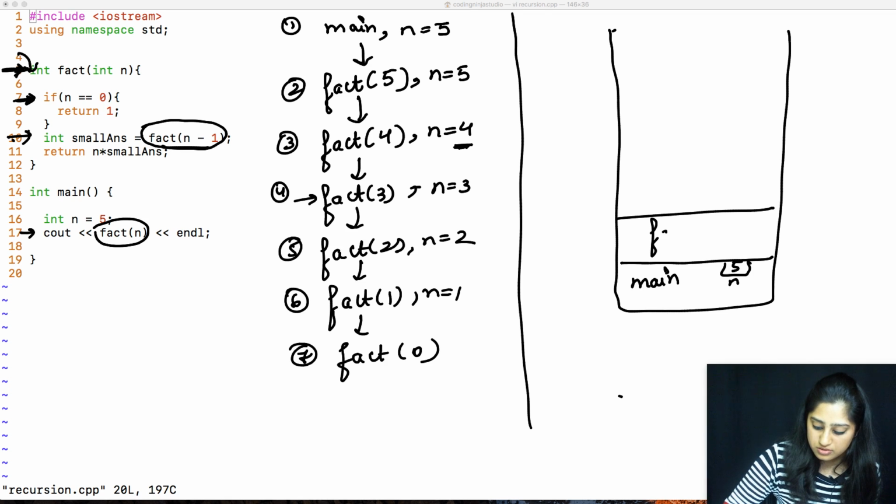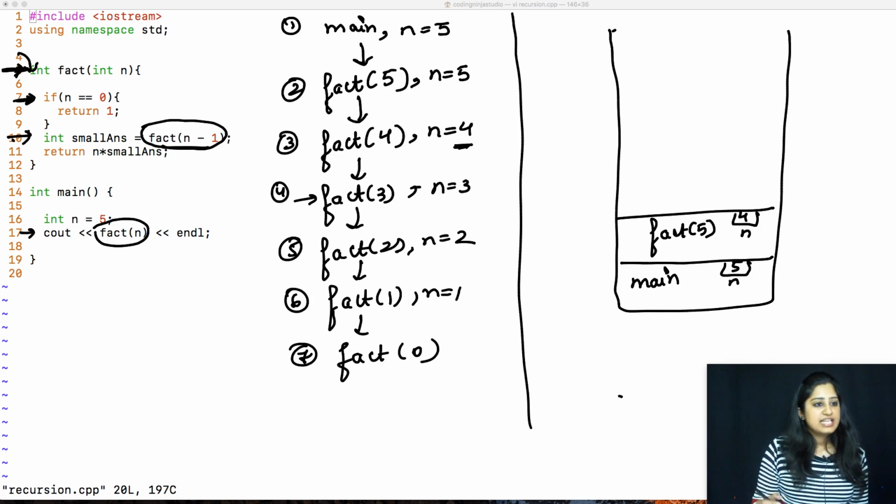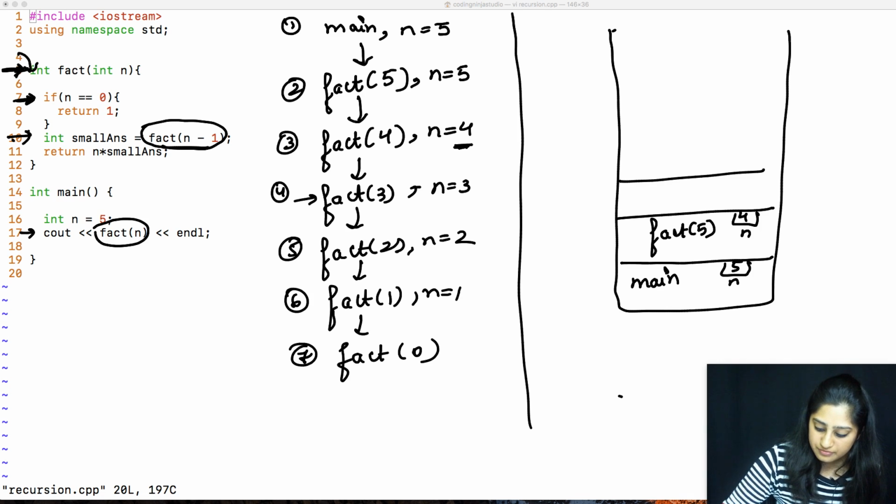The next call was factorial of 5 with n as 4. The next call factorial 4. Sorry, this is 5, factorial 4. I will quickly write all of them.